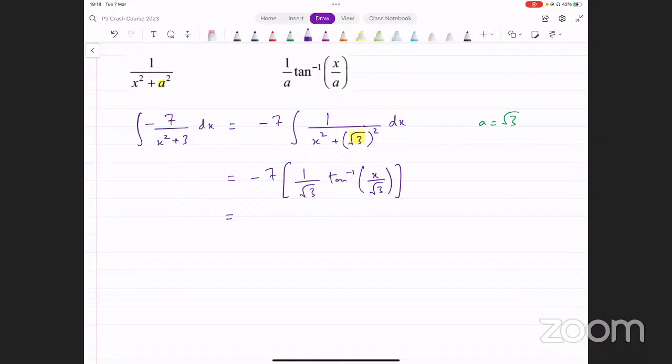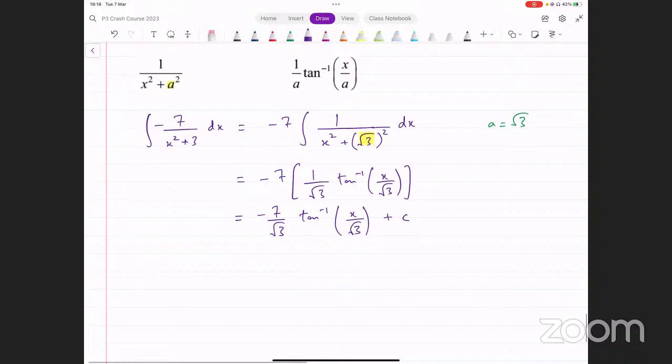And that would be your integration: -7 over square root of 3 into tan inverse of x over square root of 3. This is the answer that we get. All right, so this is how this tan inverse rule works.